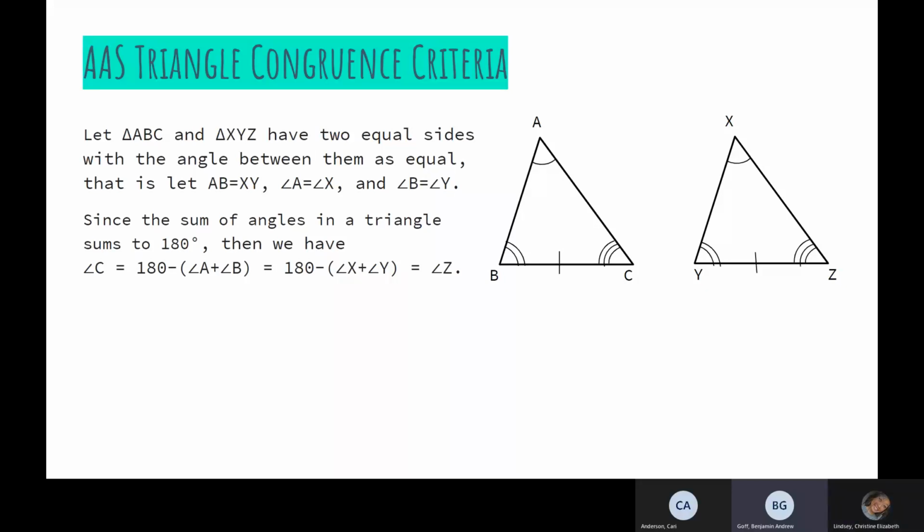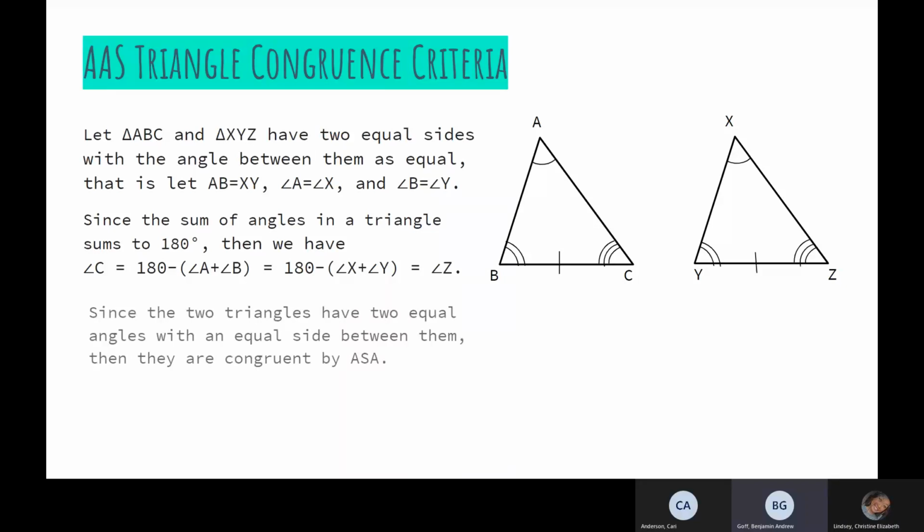So then we know that angle C is equal to 180 minus the sum of angle A and B. And since A and B are equal to X and Y respectively, then that quantity is equal to 180 minus angle X plus angle Y, which is by definition the measure of angle Z. So then we have shown that angle C equals angle Z. And since the two triangles have equal angles with the side between them equal, then this is exactly the scenario that we had in the previous slide, and we can use ASA to show that these two triangles are congruent.